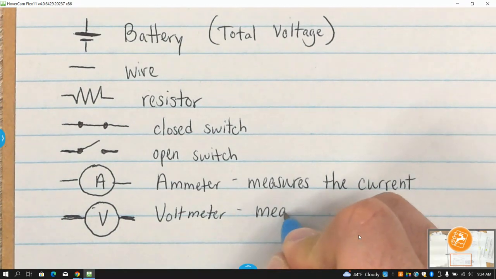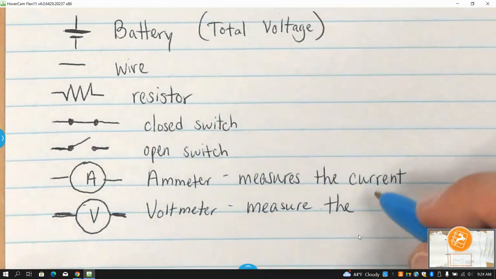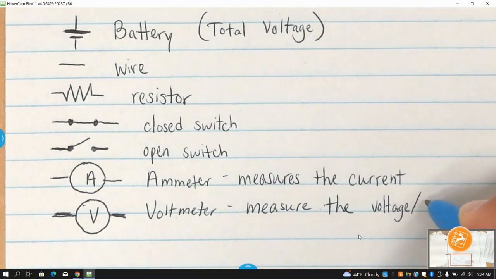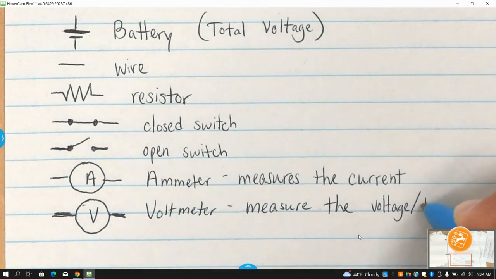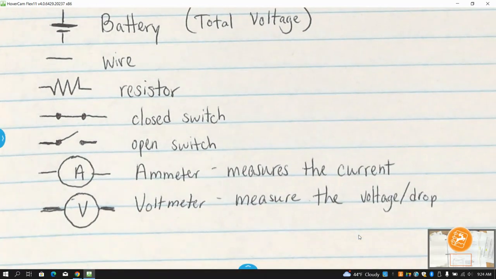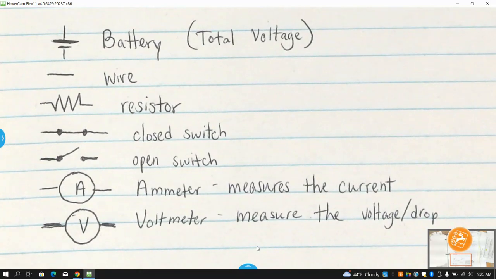And this pretty much is going to measure the voltage or the voltage drop across any spot on our circuit. All right, got it? Okay.